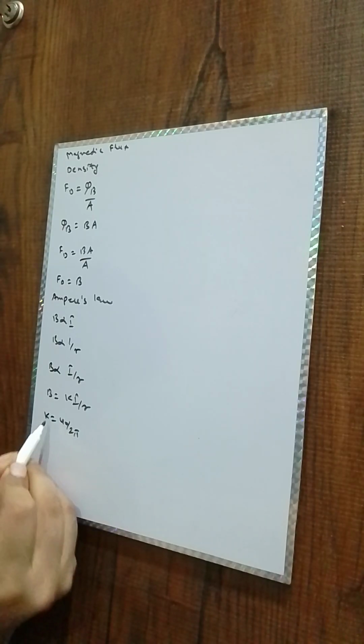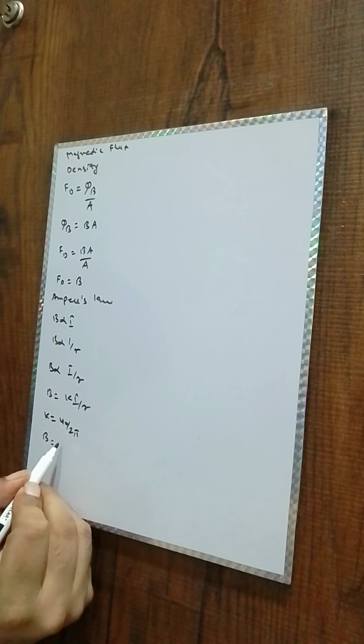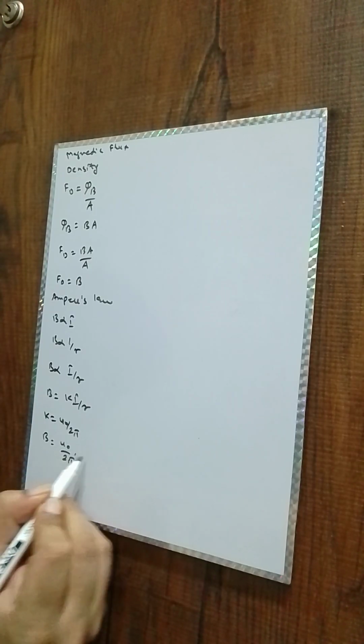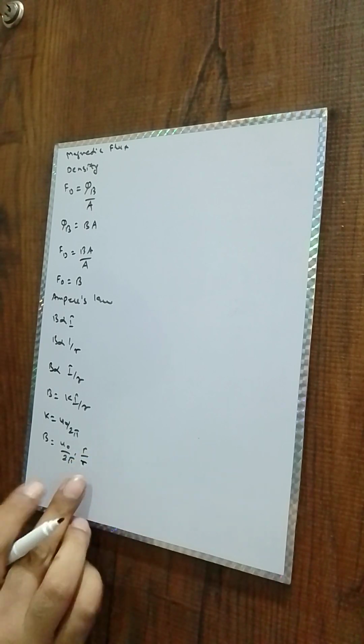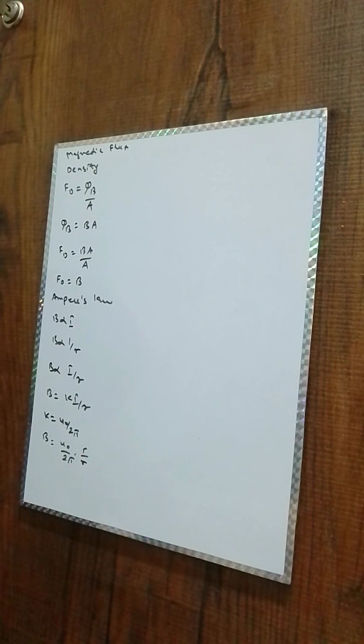So this becomes B equals mu naught by 2 pi dot I by R. This becomes the form.